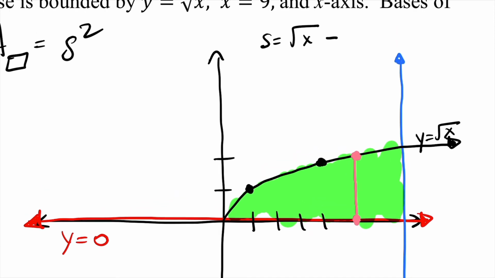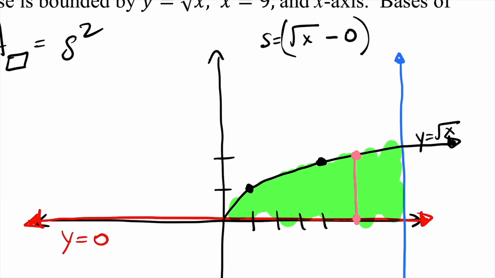So we're going to subtract 0. That's the side length of one of them. In fact, you can simplify that and just say square root x. So one side length is the square root of x.